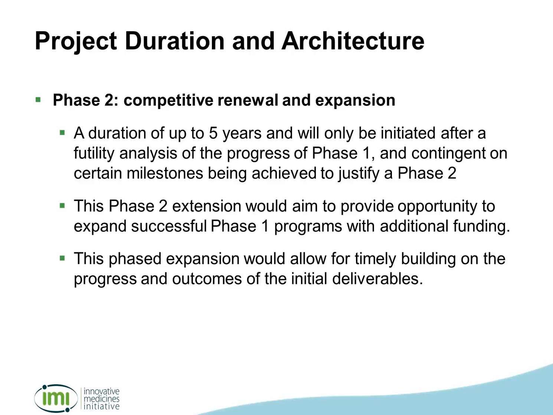So not only to add additional funding, additional time, and additional academic partners, but also to allow opportunities for the EFPIA partner, new EFPIA partners, to join with more resources from the industry. This phased expansion would allow for timely building on the progress and outcomes of the initial deliverables.